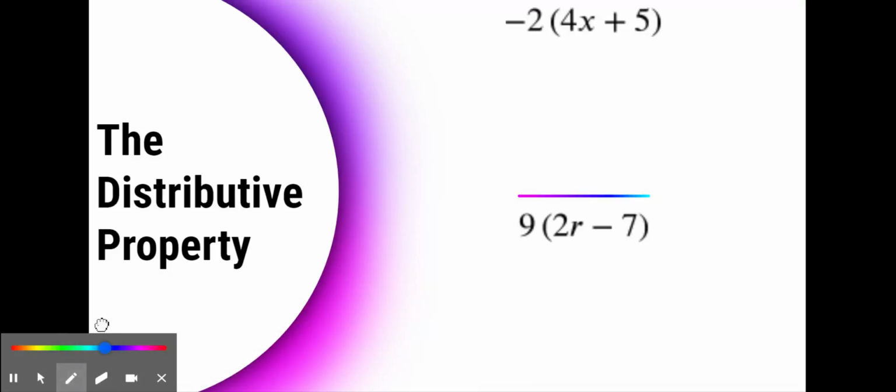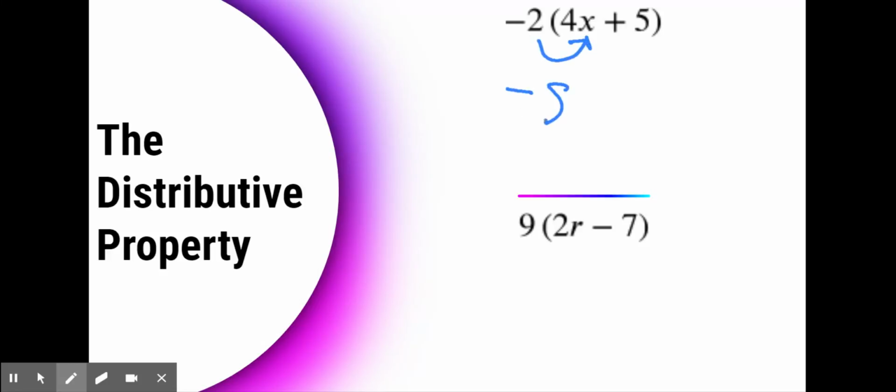So I'm going to take this negative 2, and I'm going to do negative 2 times 4x, which is negative 8x, and I'm going to do negative 2 times 5, which is negative 10. So I end up with negative 8x minus 10. Always check and make sure those aren't like terms. These are not. We're done.